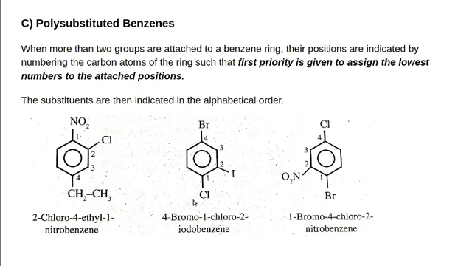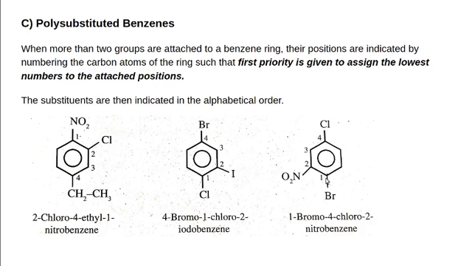So the naming is 4-bromo, 1-chloro, 2-iodobutane. In the naming, always remember that you have to follow the alphabetical order. Bromo first, then chloro, then iodo: B, C, I. Then in this case, you have to number in this way only. 1, 2, 3, 4.